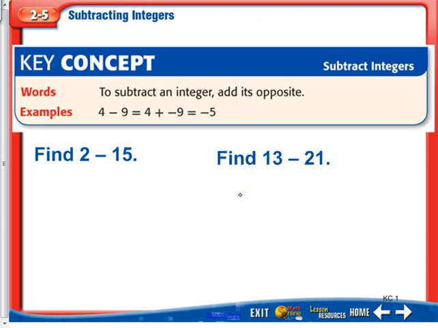All right, so let's try some examples here. It says to subtract an integer, add its opposite. So instead of 2 minus 15, if you see 2 minus 15 in your book, I want you to write it on your paper as 2 plus negative 15. We're just going to make this a plus, and we're going to make this a negative. Essentially, you're just moving the negative.